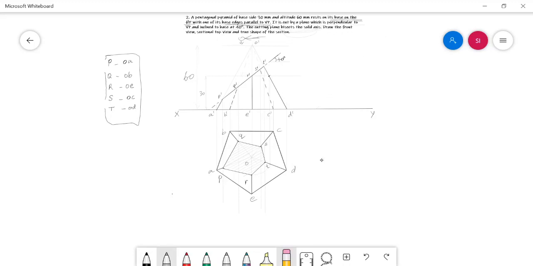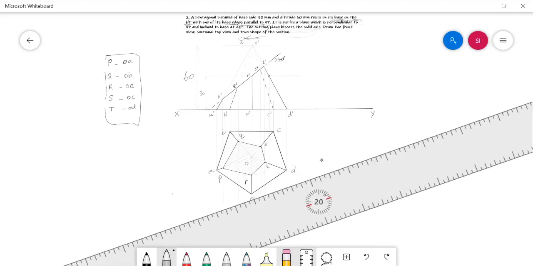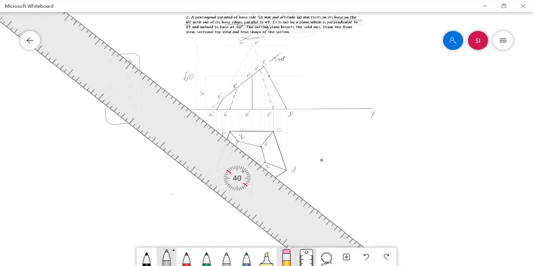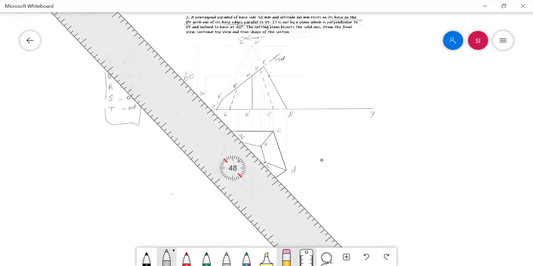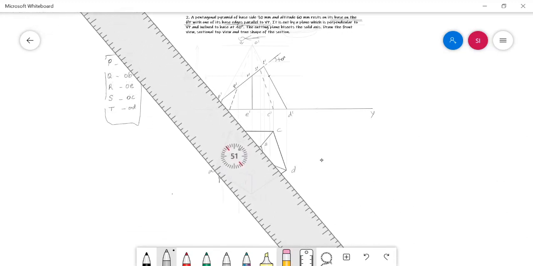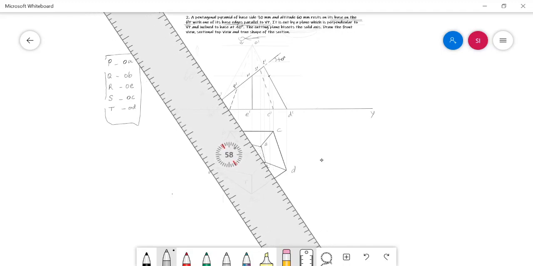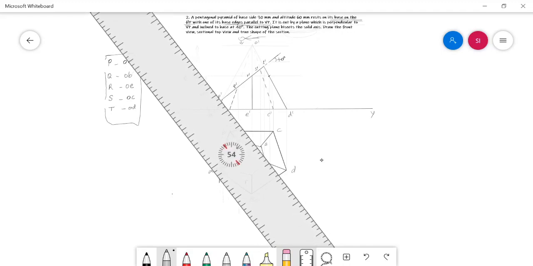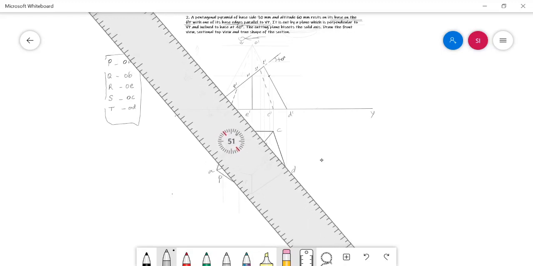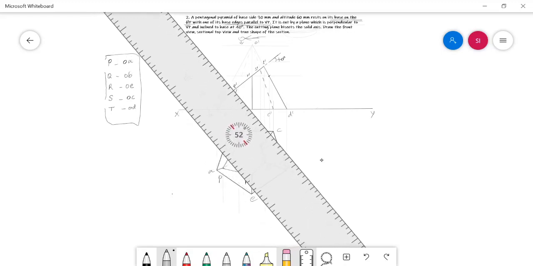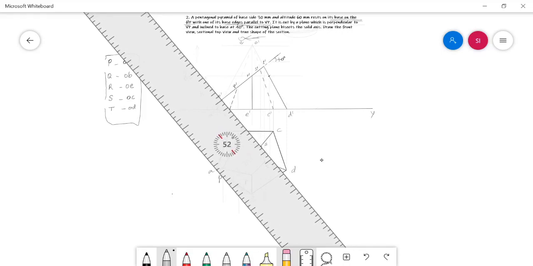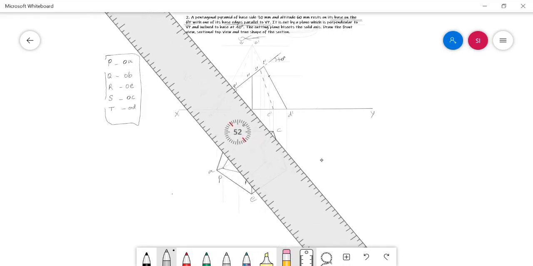The procedure to draw the true shape is the same as the previous problem. First you need to draw the projectors from each and every cut point, perpendicular to the cutting plane. See, I am making the projectors perpendicular to the cutting plane and projecting each and every cut point towards the top view area.